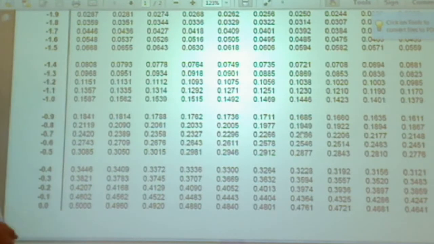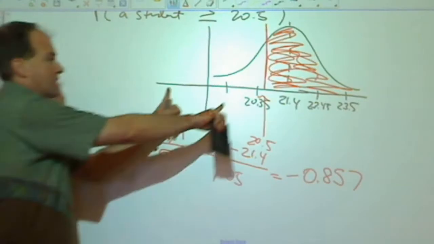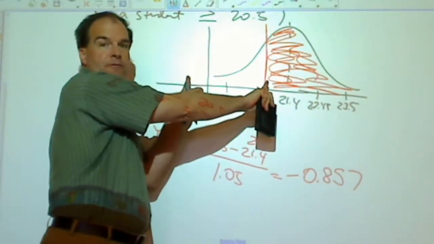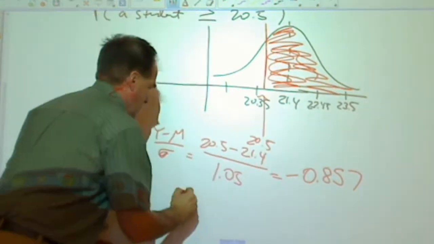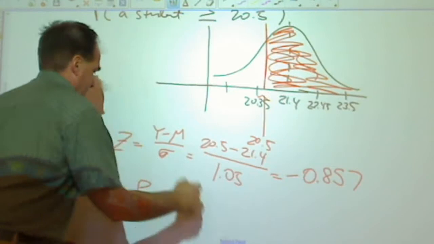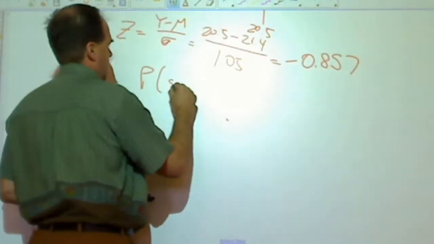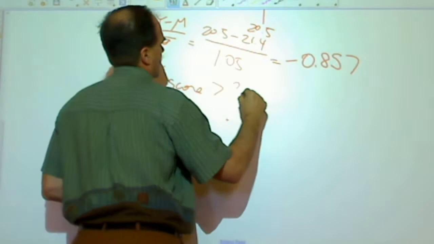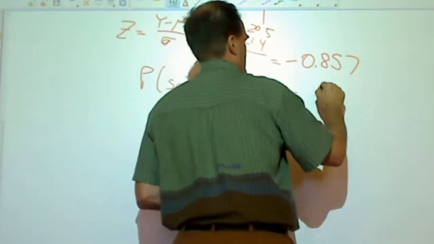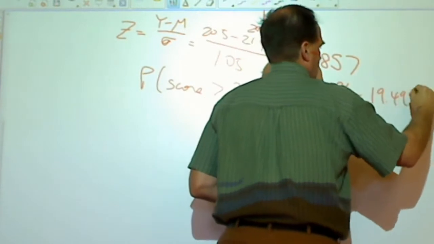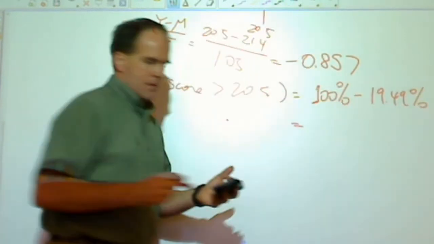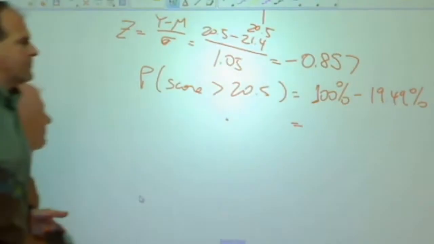So everybody agree. So what was that? 19.49. Okay, so this is 19.49. That's the probability I want. So, 81 something, or 80.4 is what I got.